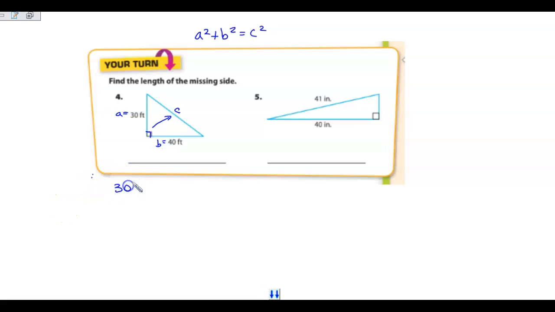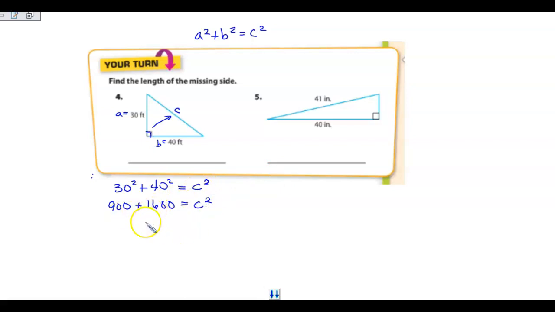So then we have 30 squared plus 40 squared is going to give me c squared. 30 squared is 900. 40 squared is 1,600. And when you add them together, you're going to get c squared.